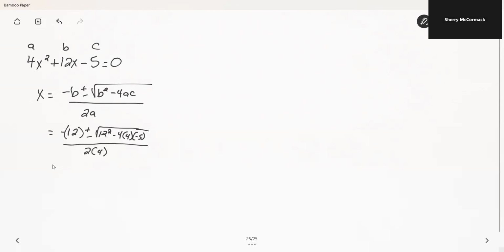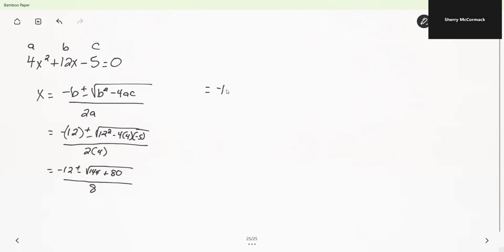all divided by 2 times my A, which is 4. Okay, so this is going to be -12 plus or minus the square root of 12 squared is 144. Negative is positive 4 times 5 is 20, times 4 is 80, all divided by 2 times 4, which is 8.